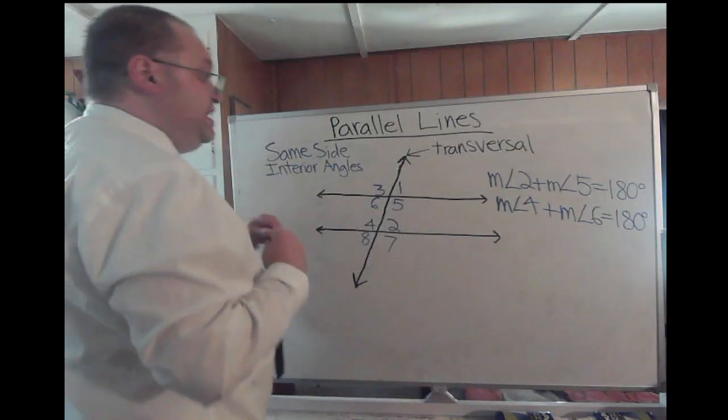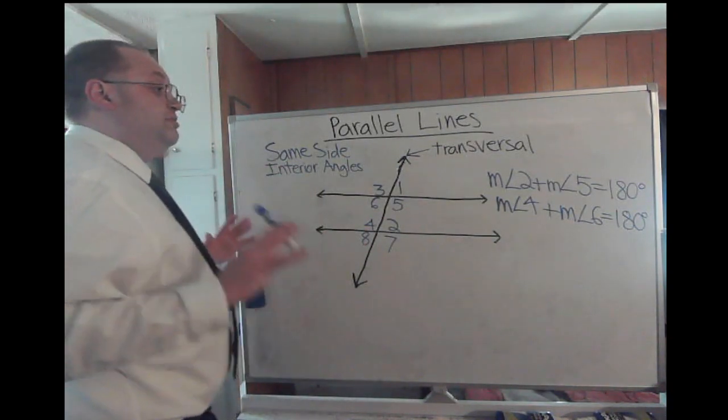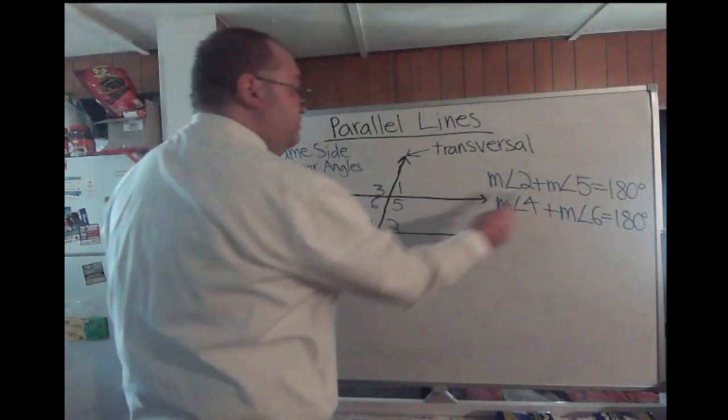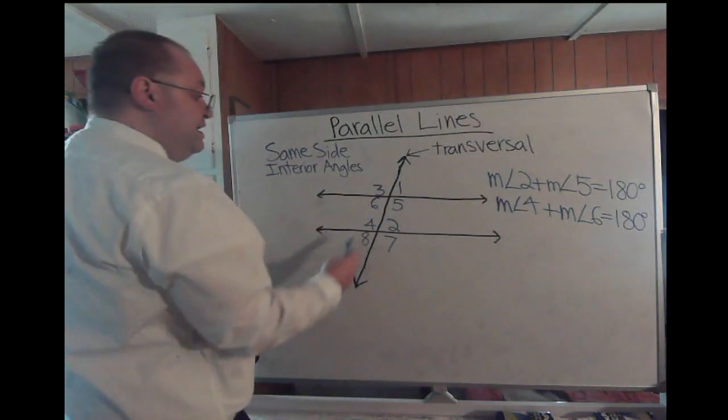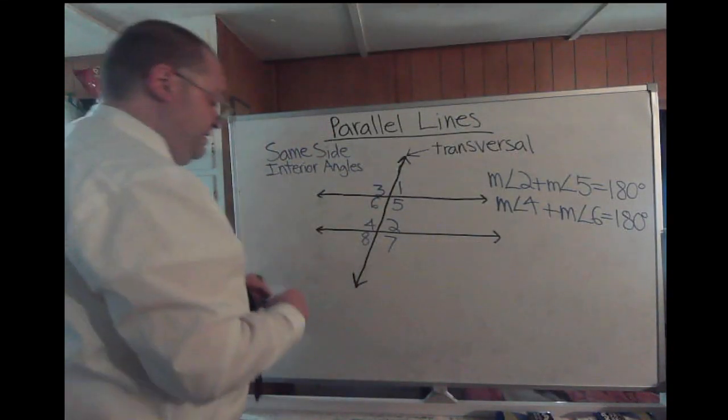So that's for same side interior angles, that they're supplementary, not congruent, but supplementary. So angle 2 plus angle 5 would equal 180. Angle 4 plus angle 6 would equal 180.